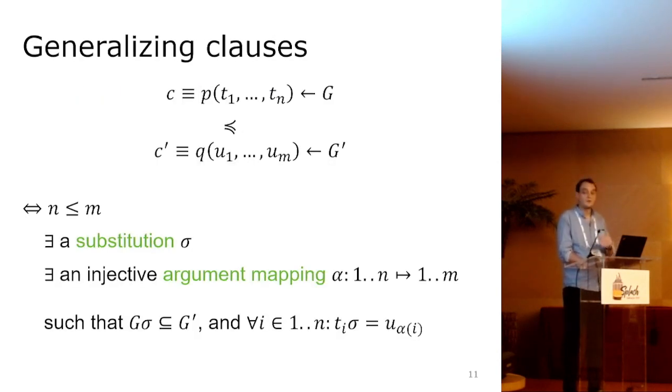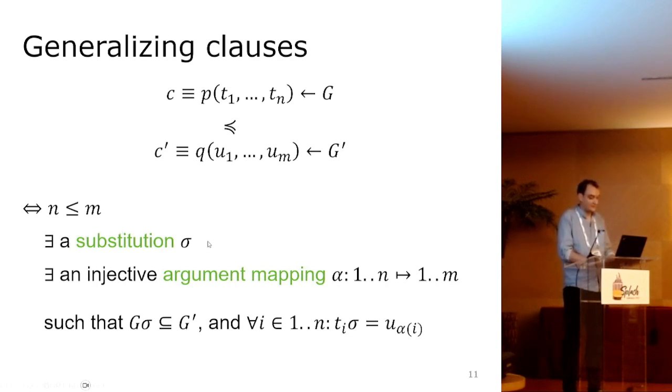Now let's go further and try to generalize clauses. When we have two clauses, we say that the first clause here, C, is a generalization of the second clause there, C prime, when it has fewer arguments, or the same number of arguments.